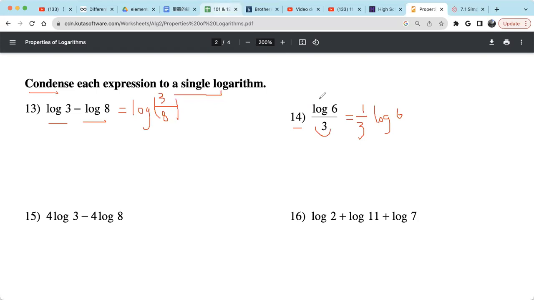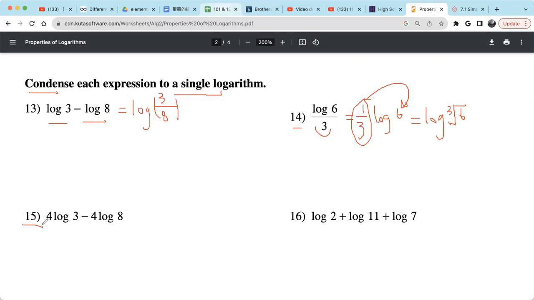Remember, this 1/3 comes from the exponent of 6. So we can put it back. We can write as log of 6 raised to 1/3. What's 6 raised to 1/3? It's the cubic root of 6. Okay, so that's log cubic root of 6.